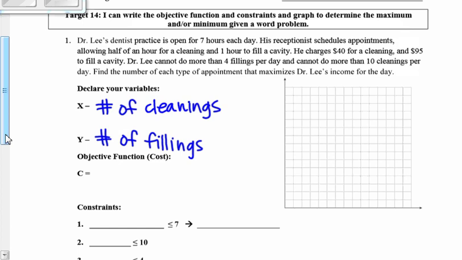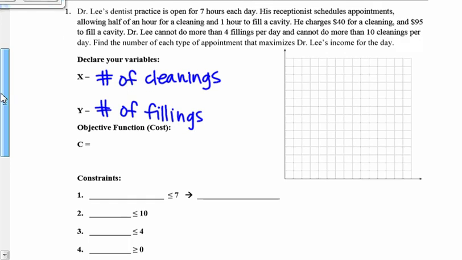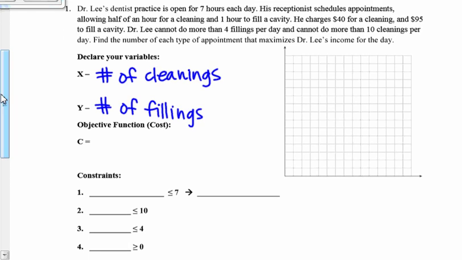Okay, objective function, in parentheses, cost. How much money can Dr. Lee make? That's going to be based off of how much a teeth cleaning is and how much filling a cavity is. So we have to go back to our word problem and look at that. It's the third sentence: he charges $40 for a cleaning and $95 to fill a cavity.